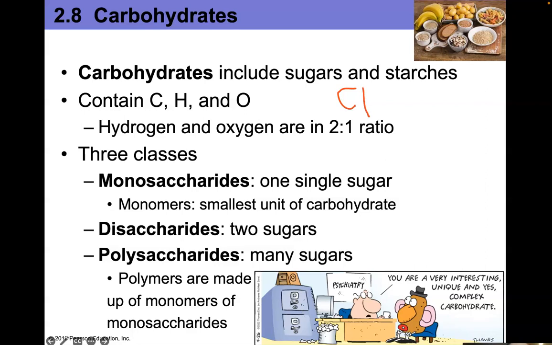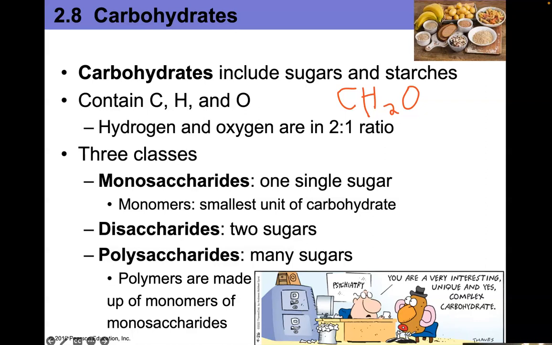So H2O for you, okay? My writing is terrible. I really wish I had a better pen system. So what that means is the ratio of carbon to hydrogen to oxygen in any carbohydrate will be 1 to 2 to 1. Okay, that's all that means. Pretty simple. So that's where it gets its name, carbohydrate, if that helps you.